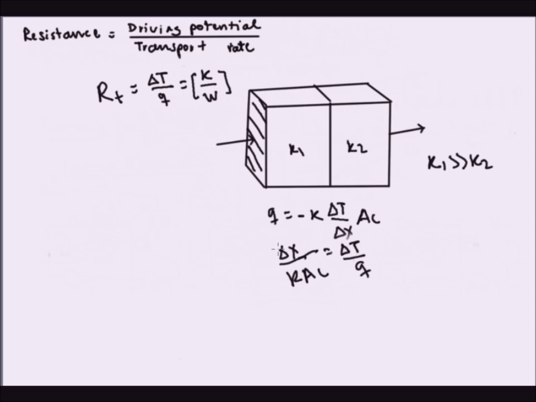Also resistances have to be positive always, so you would take the absolute value of this quantity for a resistance expression. Now we know that the resistance R_T is delta x over k A_c for a conduction system without any generation terms or accumulation terms.